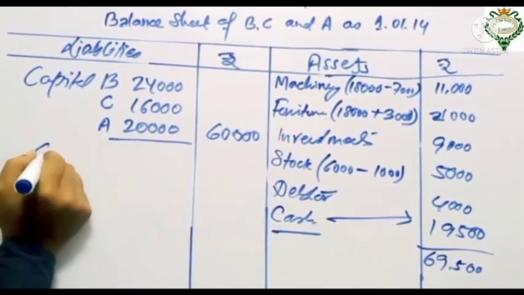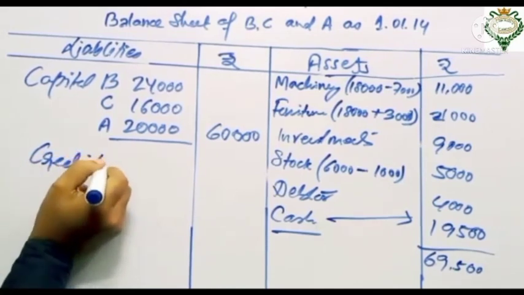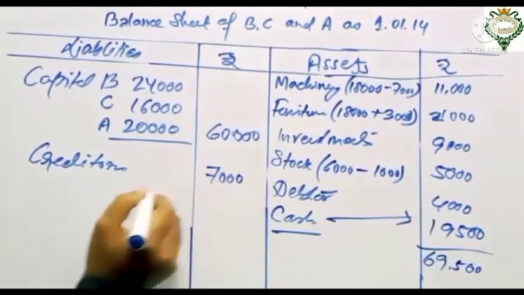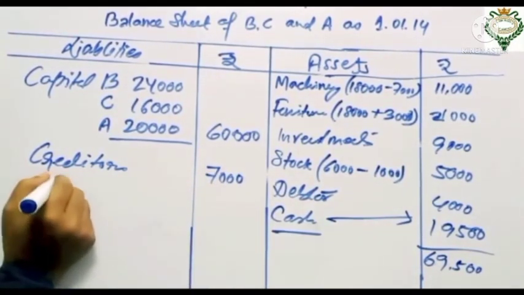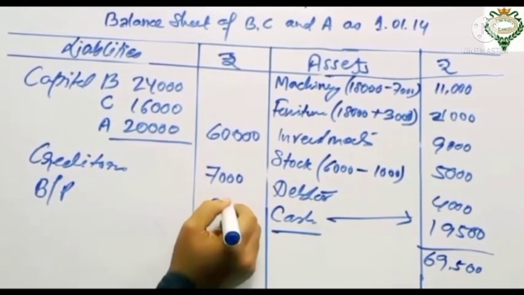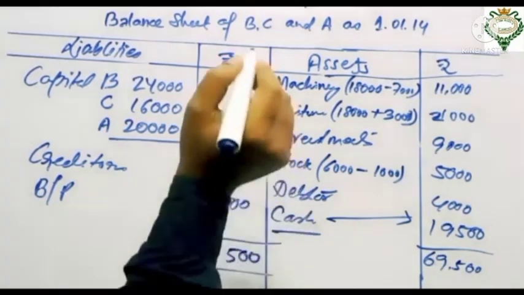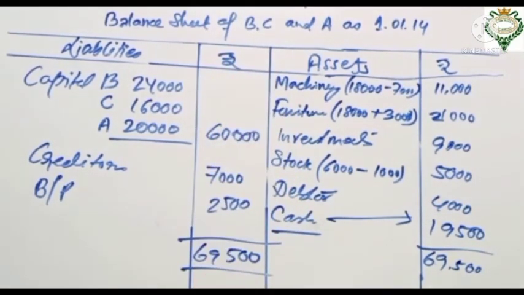Afterwards creditors is 7,000, and bills payable is 2,500. That means 69,500. So this is all for today. Follow the homework slide.